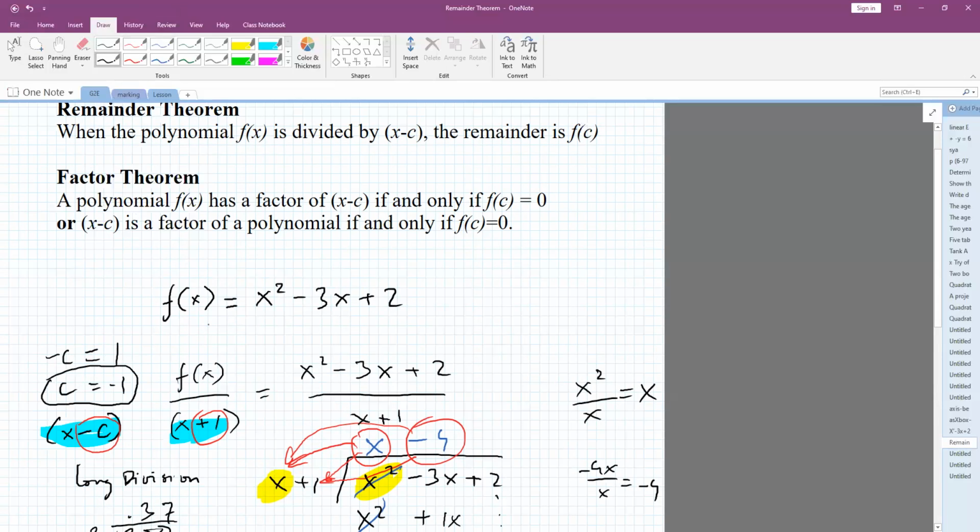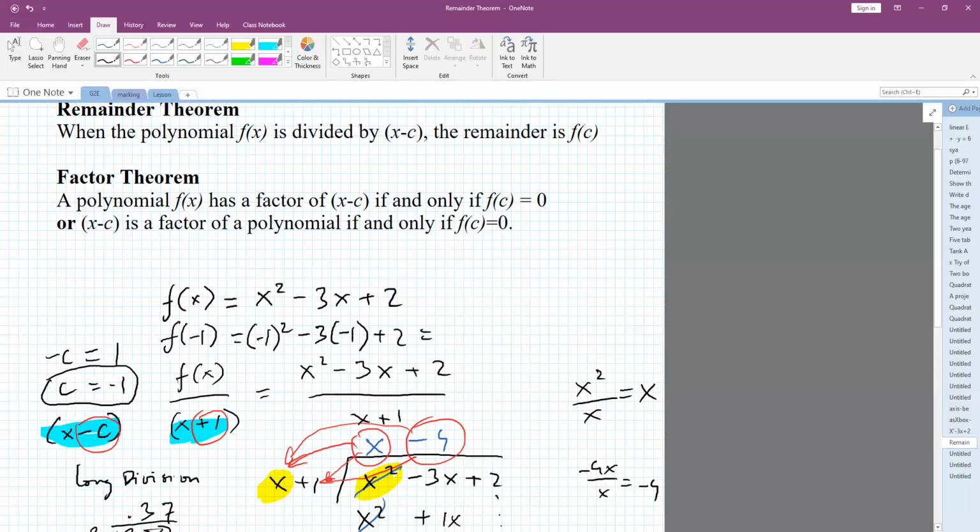Now, let's try when you have f of x equal to x squared minus 3x plus 2, and then I want to find this value f of minus 1. So basically what we are doing now is simply to put this number into this x, yeah? Right, so let's do that now. Okay, so minus 1 squared minus 3 times minus 1, and then plus 2.